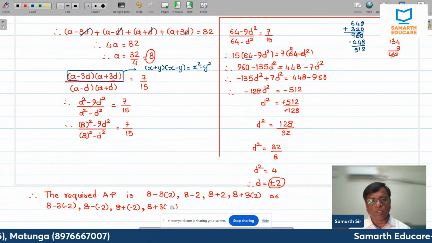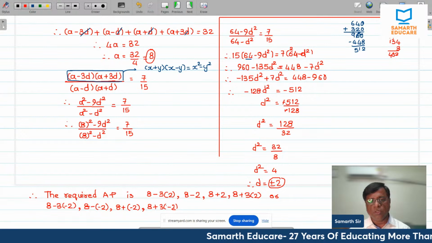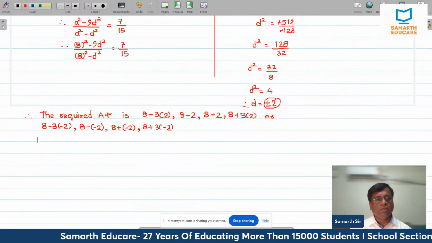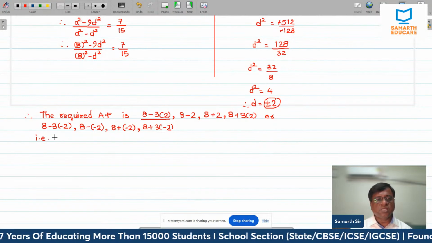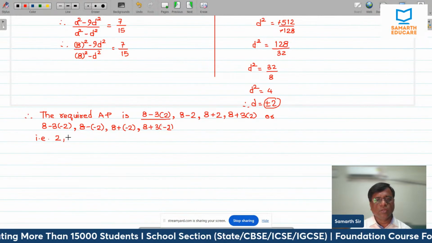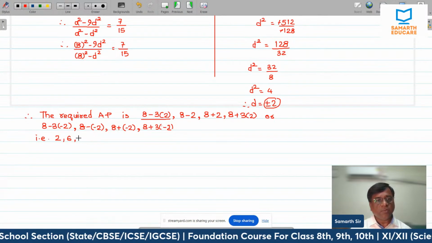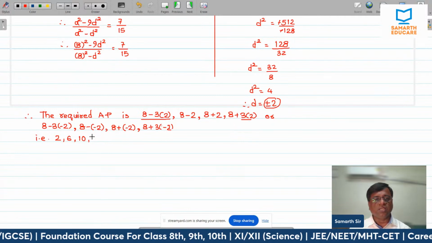Let me write it properly. Okay, so what will happen in this case? 8 minus 6 is 2. 8 minus 2 is 6. 8 plus 2 is 10. And this is 6 plus 8, that is 14.